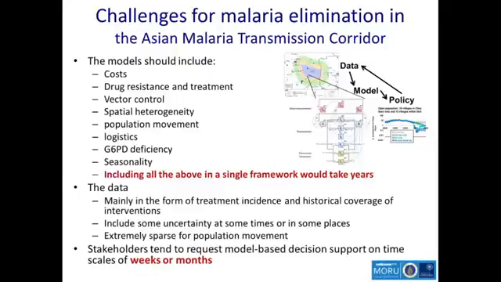However, we are also dealing with a situation where the data are quite sparse. So we don't have very much data on drug resistance. We're getting more and more as time goes on, but we certainly don't have things like the monthly incidence of sensitive cases versus resistant cases.